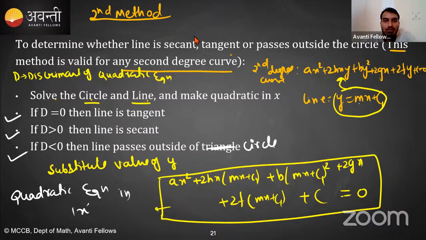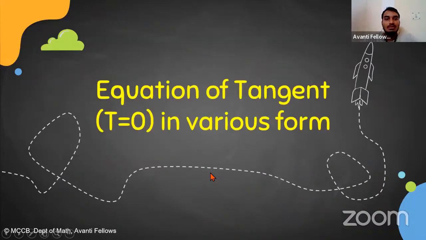So now students, we are more interested in the tangent. We are more fascinated about the tangent to the circle. So now we are going to look into the tangent of a circle. The next is the equation of tangent in various forms.